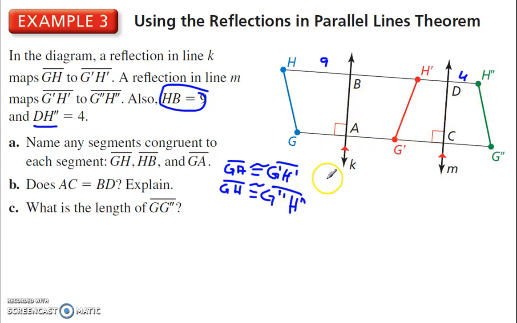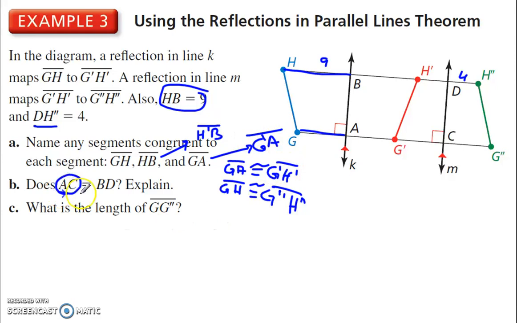Reflection is a rigid transformation, so those are congruent. Congruent to HB, that's this line right here, is H prime B, or BH prime. And then congruent to GA, to this line, is G prime A.